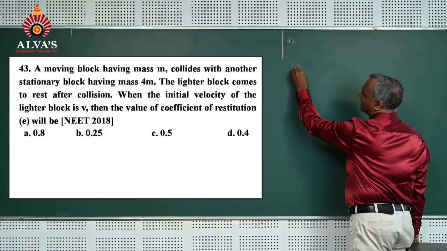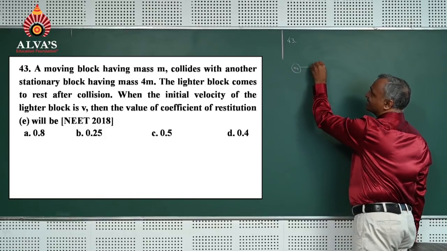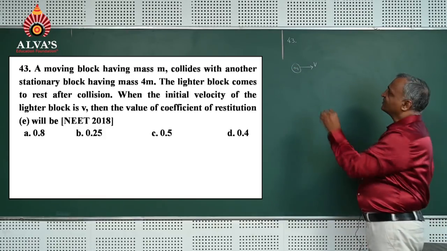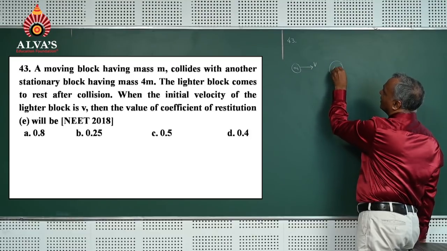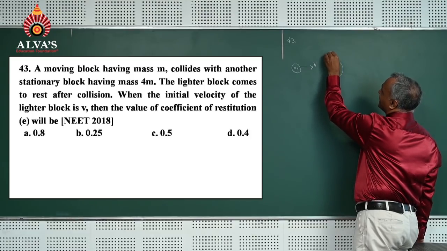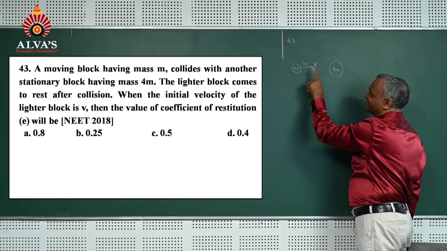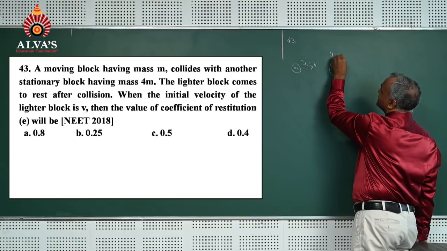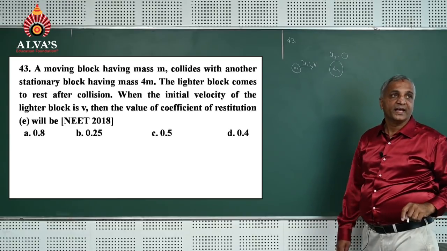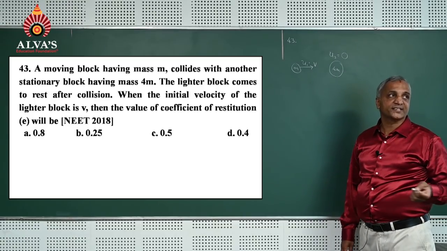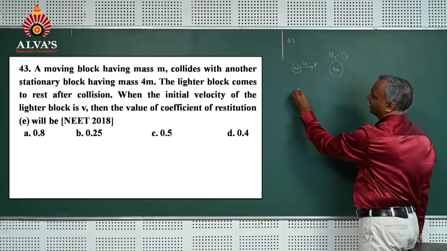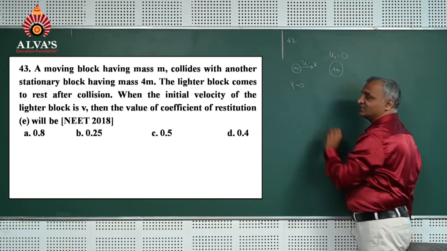This is having mass m and it is moving with velocity v. It collides with a mass of 4m and this is at rest. So I can write initial velocity before collision is v. Initial velocity of this is 0, it is given. The lighter block comes to rest after collision, it is given. That means v1 is equal to 0.